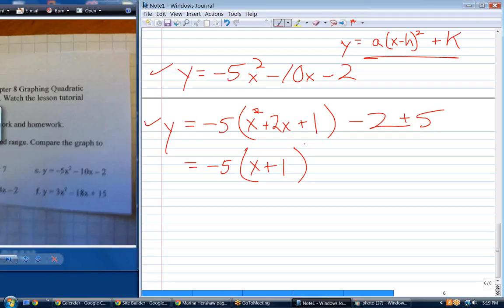When you verbalize these, you want to say the quantity, because otherwise it looks like this, and that's different. So that's why you need to say the quantity. And then what's the rest of it? Plus 3.